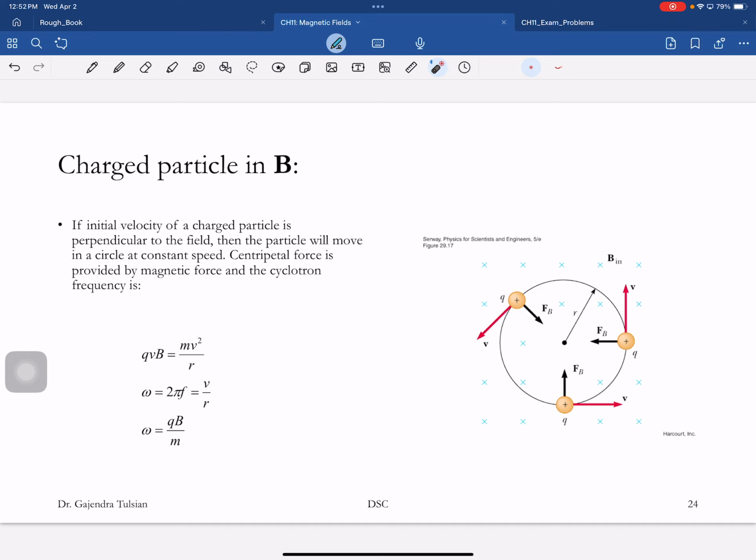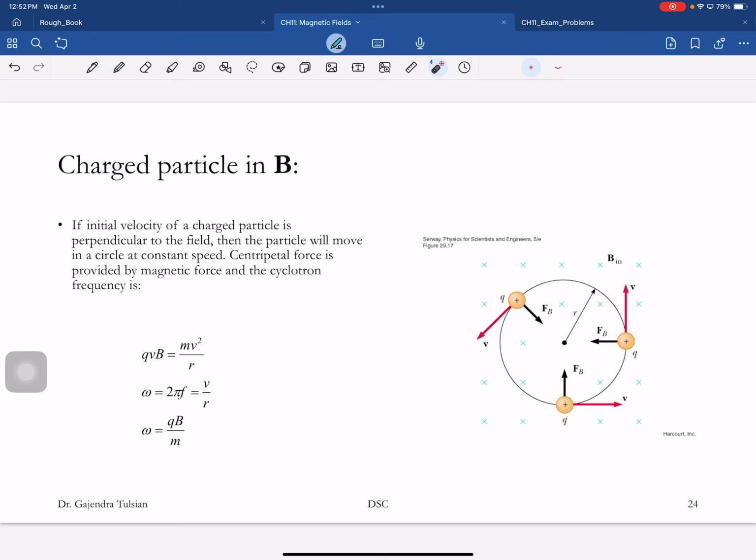Okay. All right. So what this formula does is, that's the magnitude of the force on them. And that is the centripetal force that's making them go in a circle. That's equal to that. And so this is the angular frequency: charge times the magnetic field divided by the mass. Okay? So the lighter the particle, the more circles it makes.